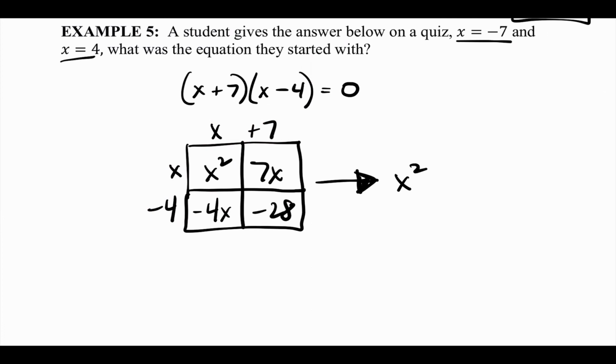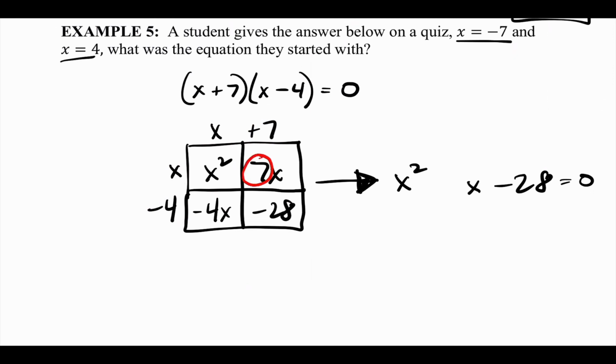We know c. C goes in the bottom, so negative 28, right? What was b? Something x. What was b? You're close. It's not going to be 2.